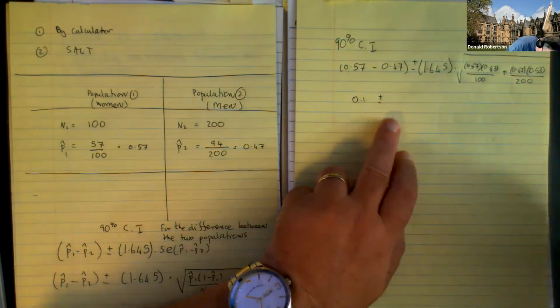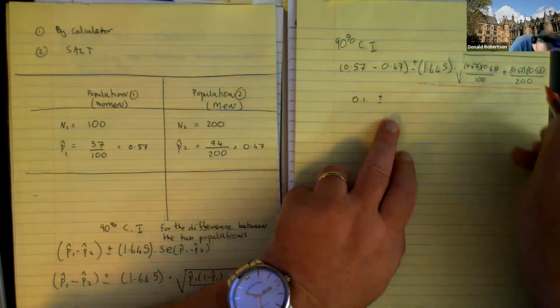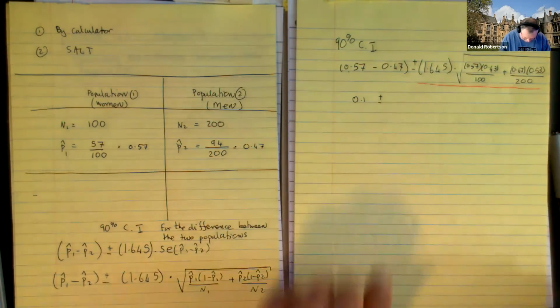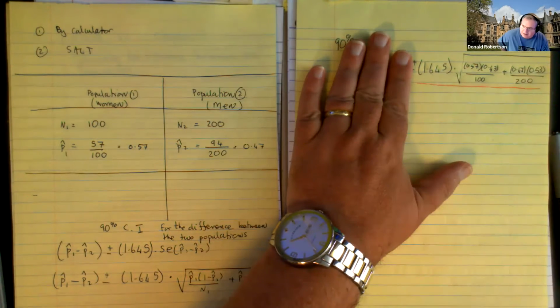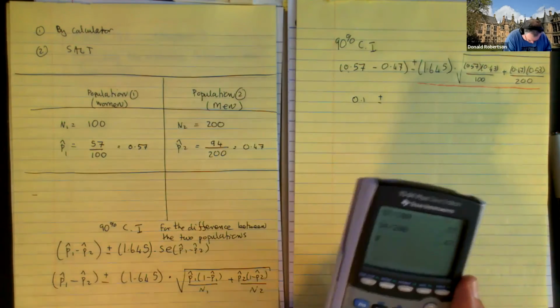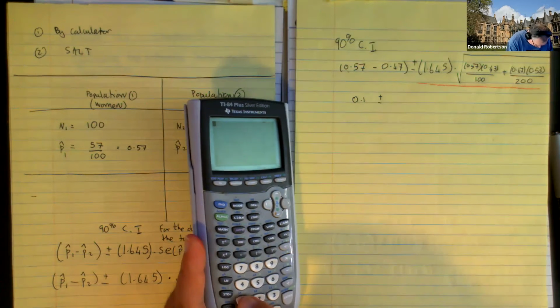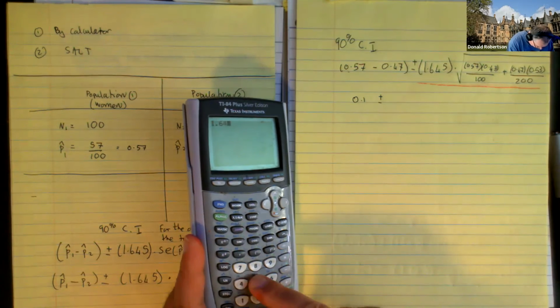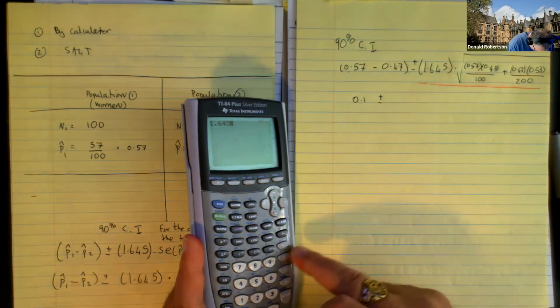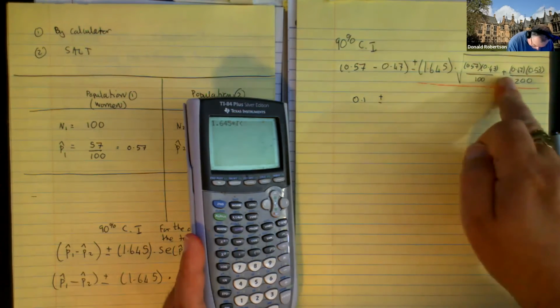Plus or minus. Now this entire horrible mess from here to here, right? That's a big, massive calculation. That guy there, that's your margin of error. You remember the plus minus guy? That's your margin of error. The good news is that although it is really ugly, you can do it in one go. So 1.645 times the square root, and I'm just going to type this guy plus this guy.